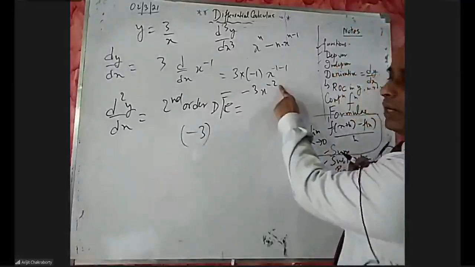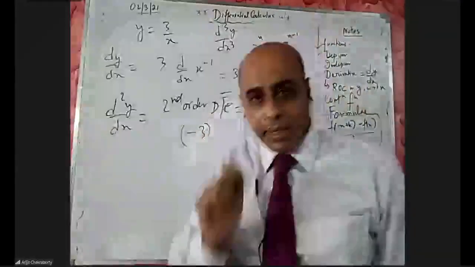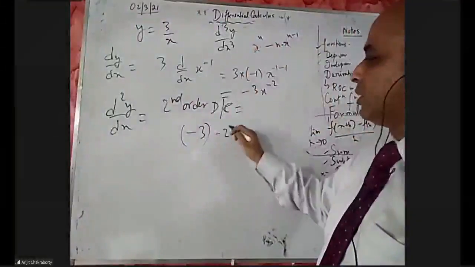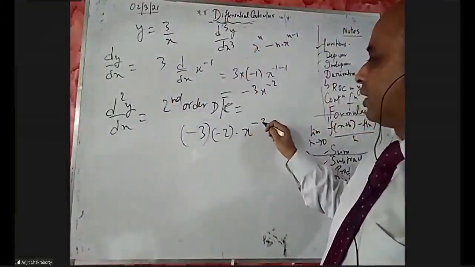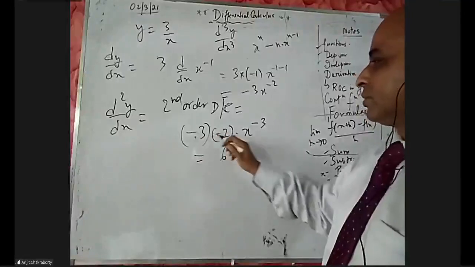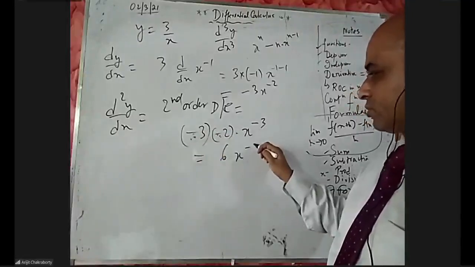X to the power minus 2, that means x to the power n. The formula is n into x to the power n minus 1. So that is nothing but minus 2 into x to the power minus 3. 3 into 2 is 6. Remember to change the sign. Minus and minus becomes plus. 6x to the power minus 3.